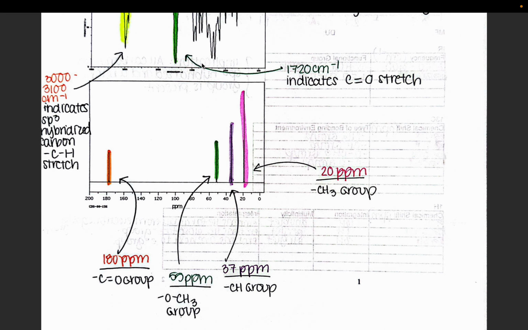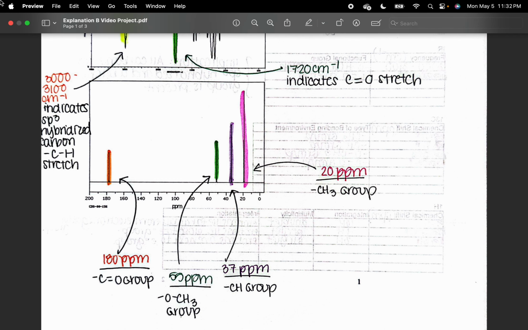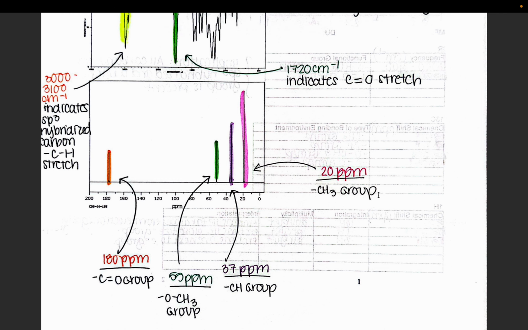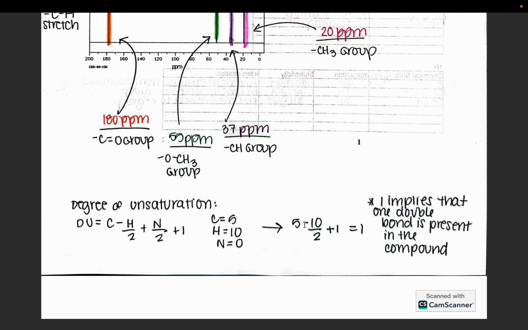The bonding environment correlates to certain numbers. So as you can see, 20, 37, 55, 180. And that's how we find those based on the specific functional groups within the compound.